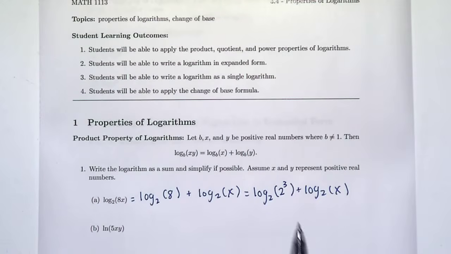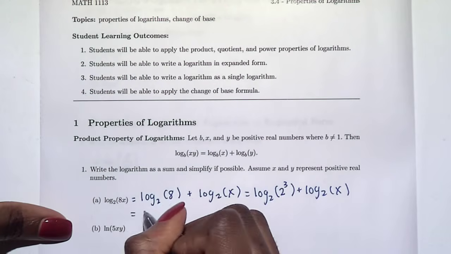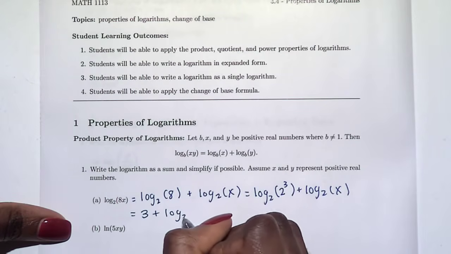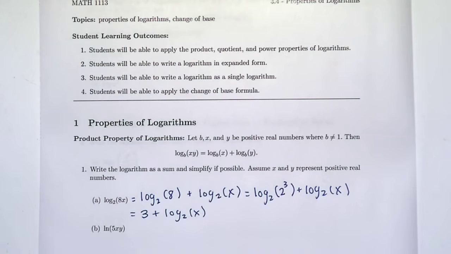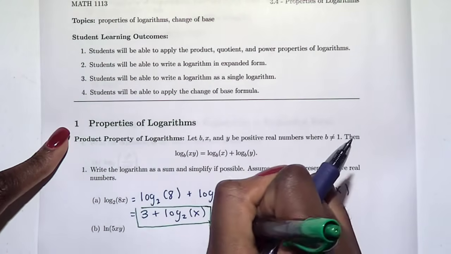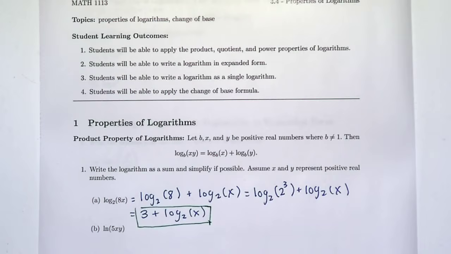All right, so we have a log base 2, and inside of that we have an exponential with the base 2, so that simplifies to just 3. All right, so this is our final answer.